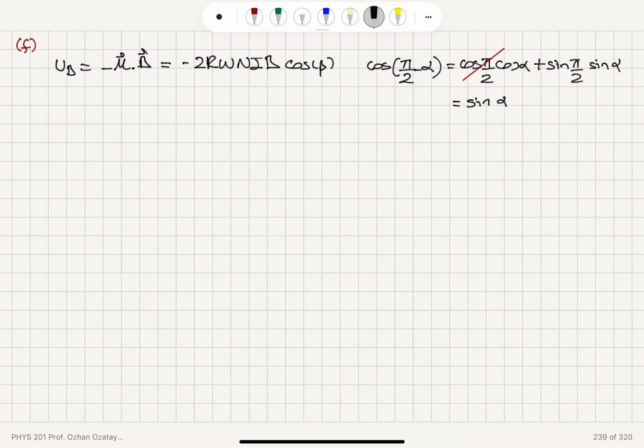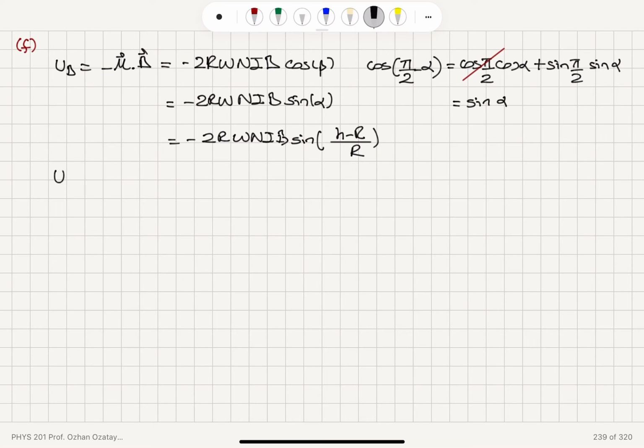So this potential energy is minus 2rwNIB sine alpha, and sine alpha is sine of h minus r over r, because we have shown that h is equal to r alpha plus r in part D.